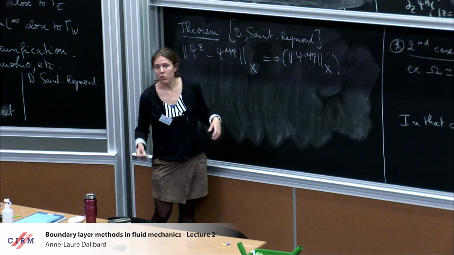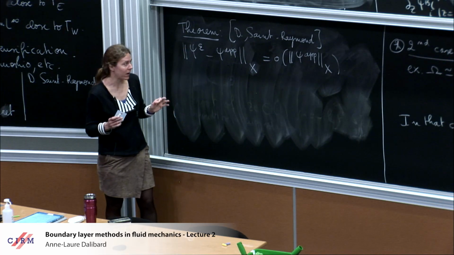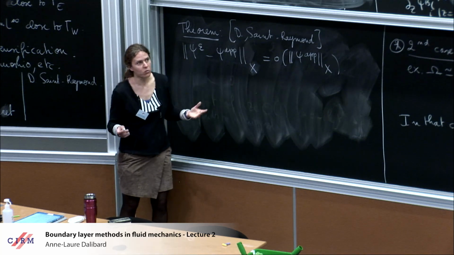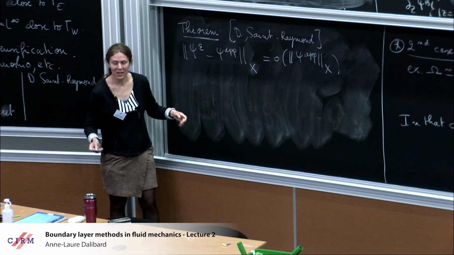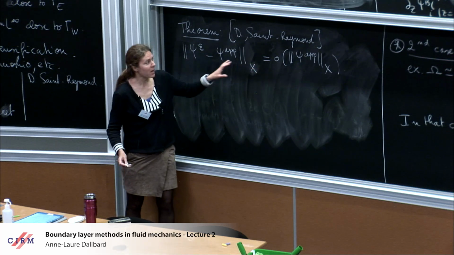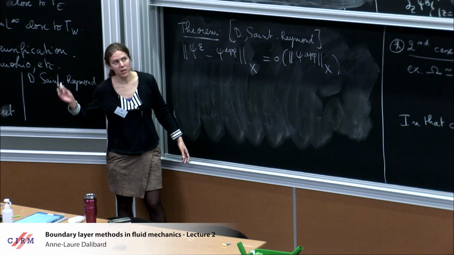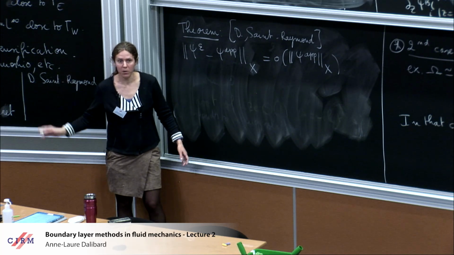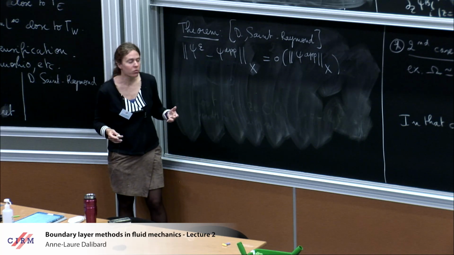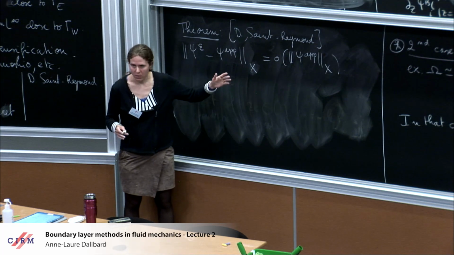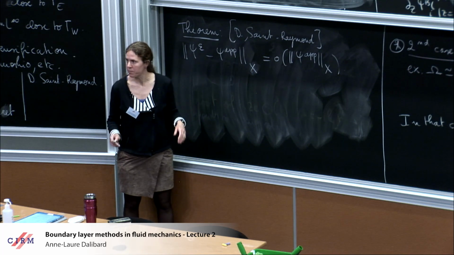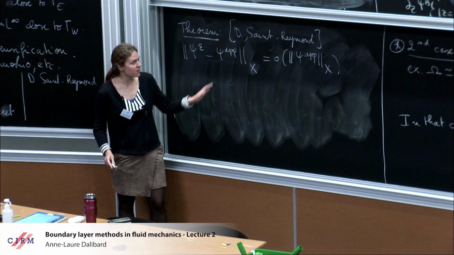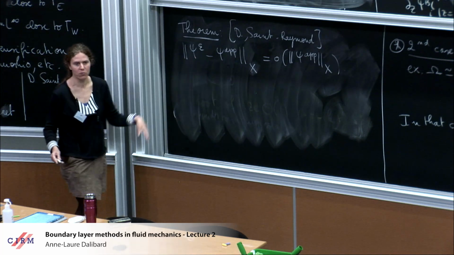So you need to pick a functional space, or push your expansion sufficiently far, so that you have that type of theorem. But in such situations, when you have a singular perturbation problem, quite often you cannot prove that your remainder is small. But again, this is not a problem. This is what you should aim for.